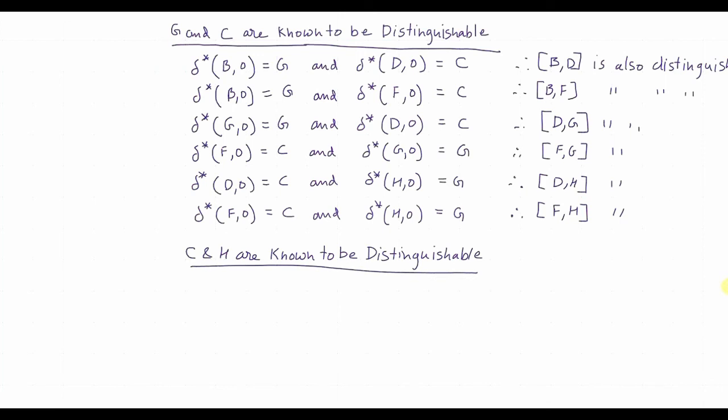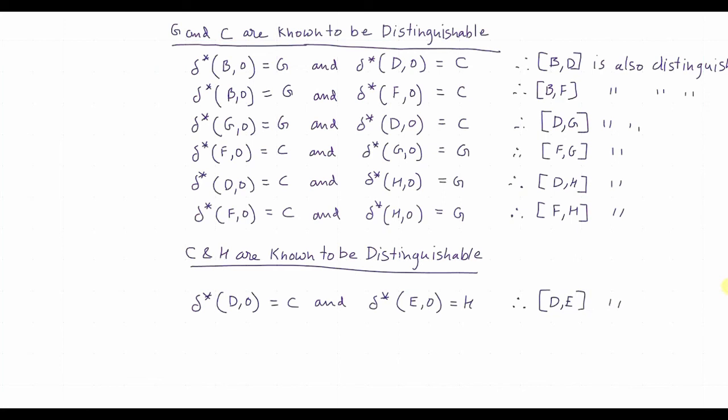Therefore, I can have the first result, that is del star of D on 0 gives you C, and del star of E on 0 gives you H. And since C and H are distinguishable, I can easily say that D comma E is also distinguishable.